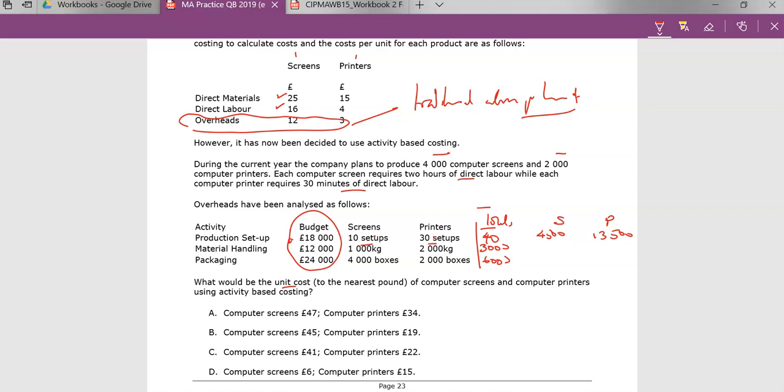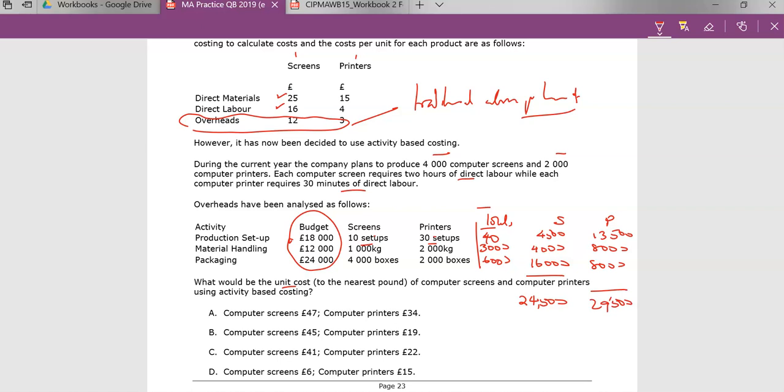And here I would have a third, and 2/3. So a third of this cost will come to screens, and 2/3 will come to printers. So here I will have 4,000, and here I will have 8,000. And here I have 4/6 or 2/3 of this, so here I will have 16,000, and here 8,000. So in effect, I will now have a total cost of 24,500, and here a total cost of 29,500.